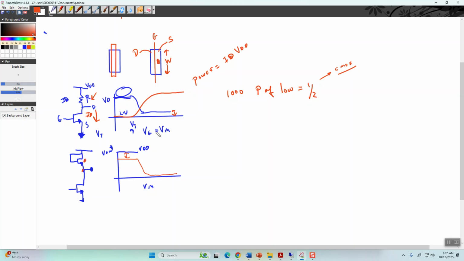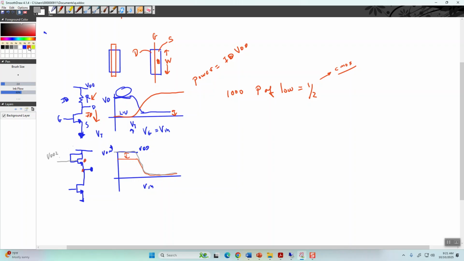Now, there's a workaround: I'm just going to call this VDD2, and I can make this much higher than this, right? With the expense of another voltage supply or something, right? And I can get it back up, okay?